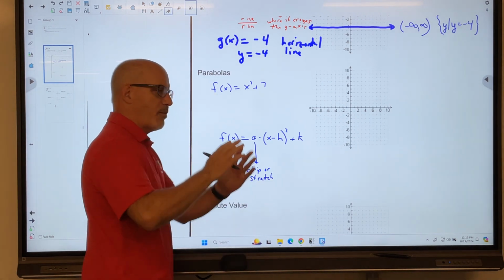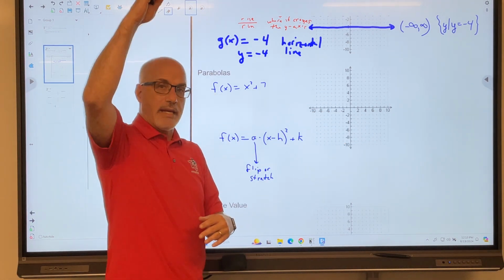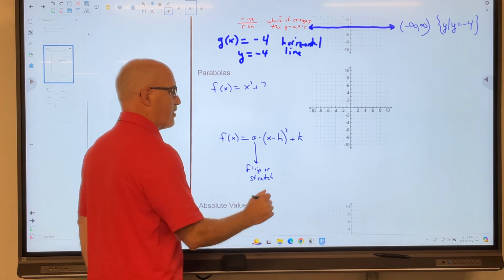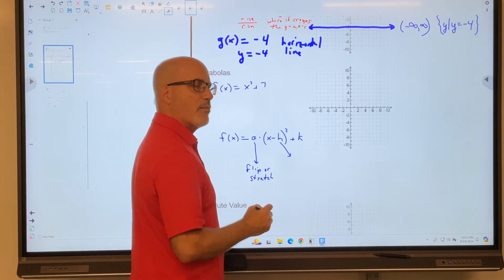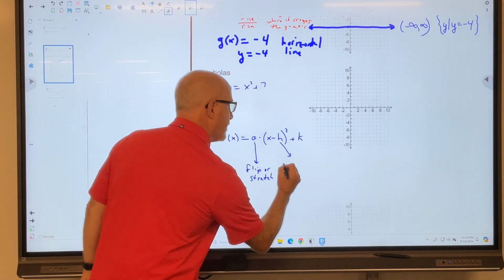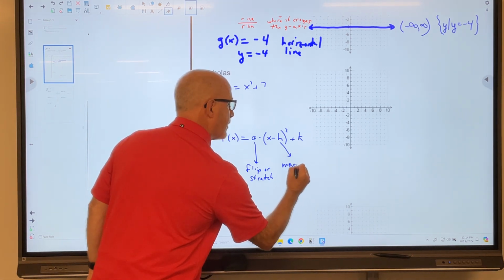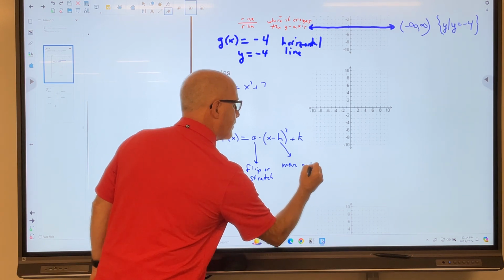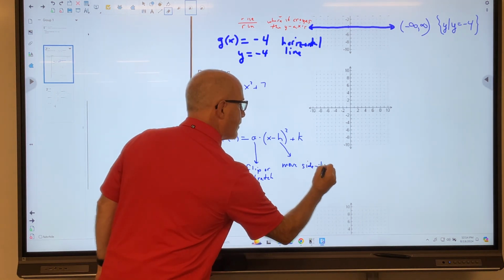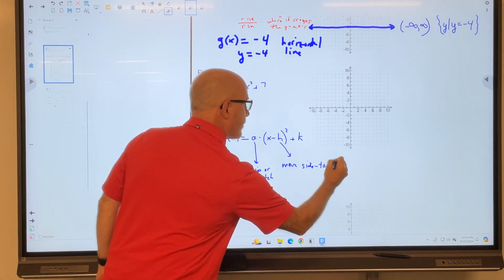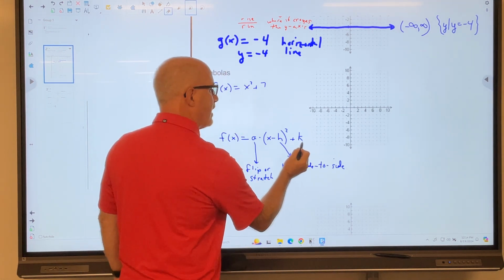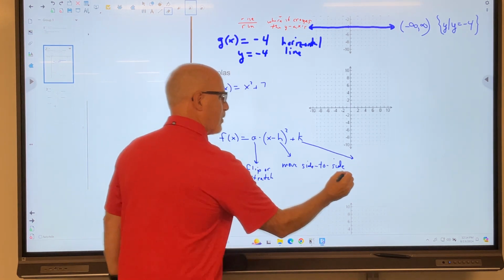If it's a fraction, it'll make it wider. If it's an integer, it'll make it go up faster, down faster. This number h is how far we move side to side. And this number k is going to move it up or down.